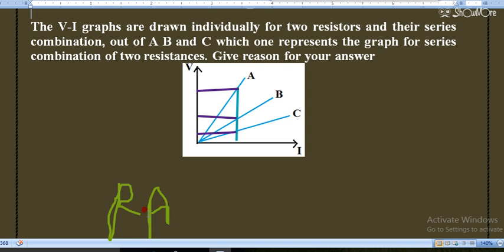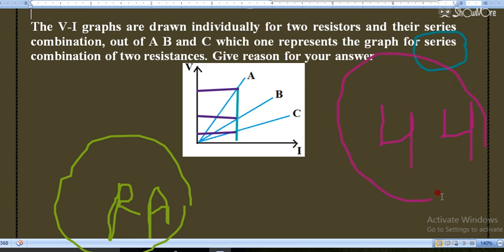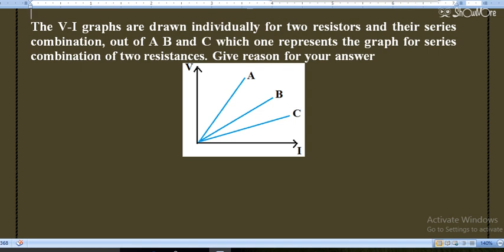So which wire has the maximum resistance among the two resistances? If two resistances are combined in series, obviously if two resistances of 4 and 4 are combined, we get 8. So the resultant resistance will increase when we connect two resistances in series. So which wire will represent the series combination?